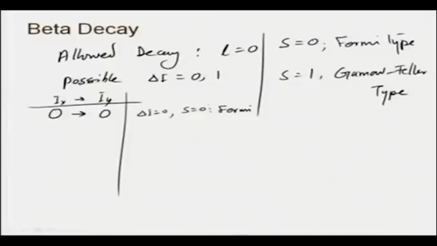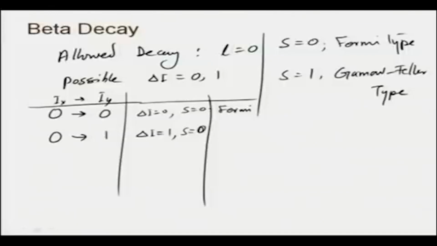And if it is say 0 to 1 kind of a transition, then delta I is equal to 1, S is equal to either 0 or 1.